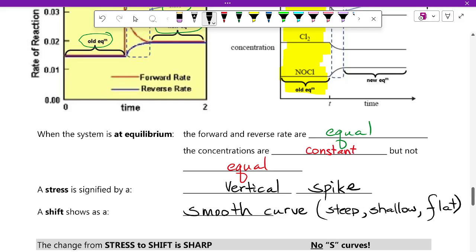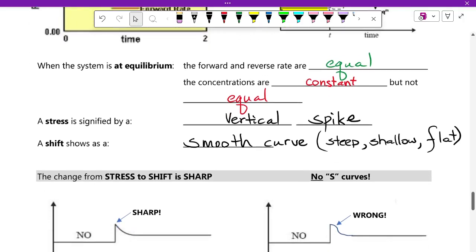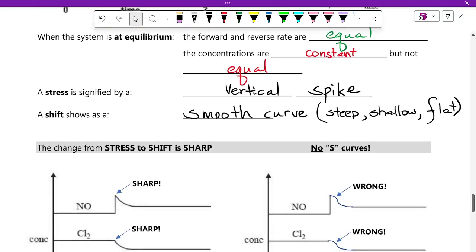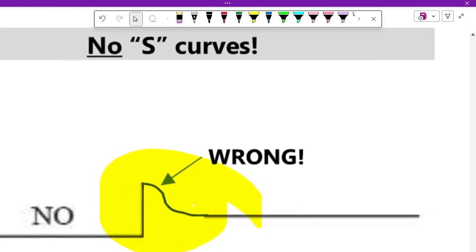Now, the reason I am harping on that is that I get all kinds of diagrams that look like this. That is wrong. Because what can you say about this here?